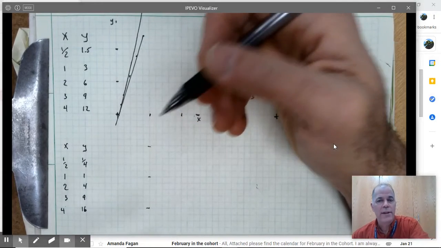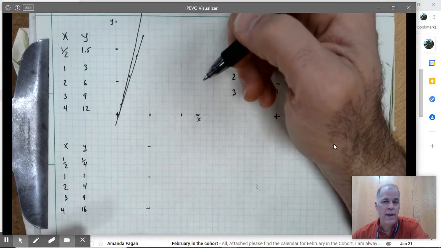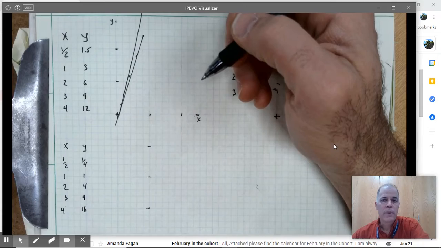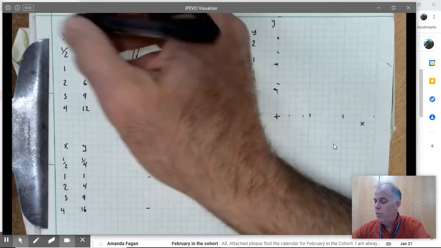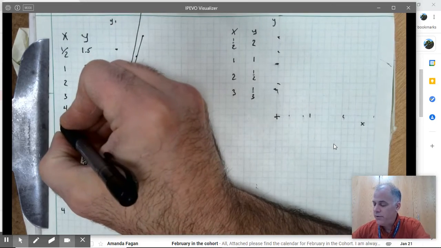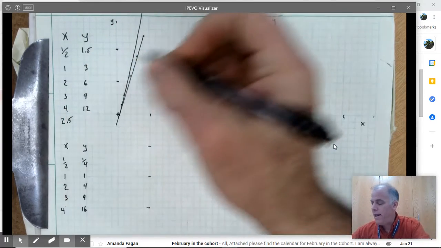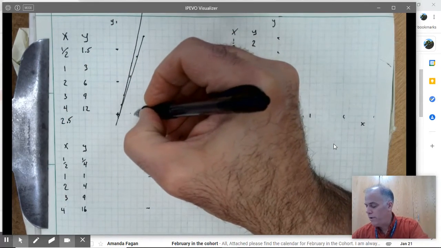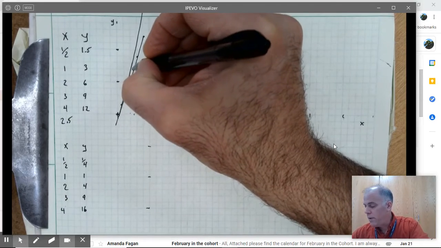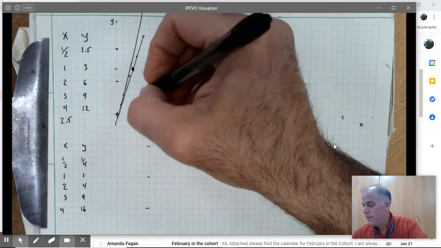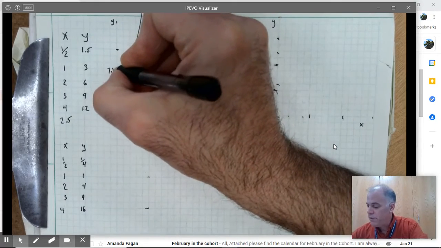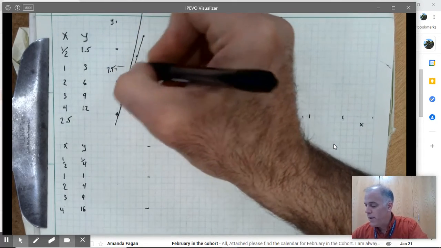Now, a straight line is easy to handle with a data set like this. If you want to know, for example, what Y is when X is 2.5, you can just look up here, read it off the graph, and say, hey, it's 7.5.